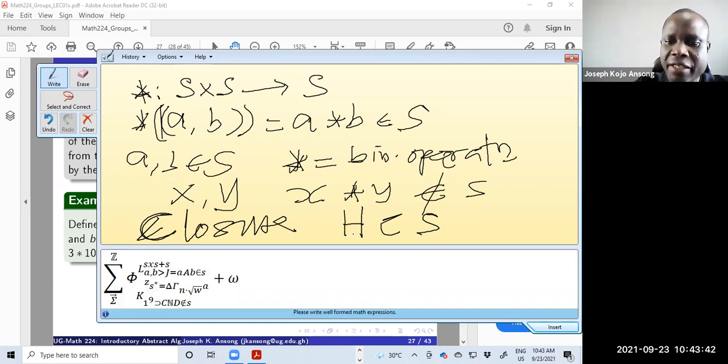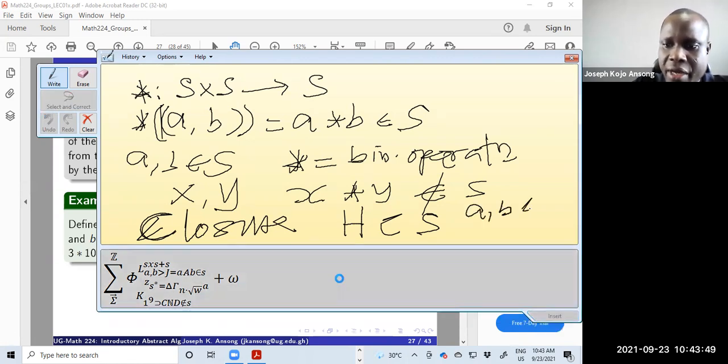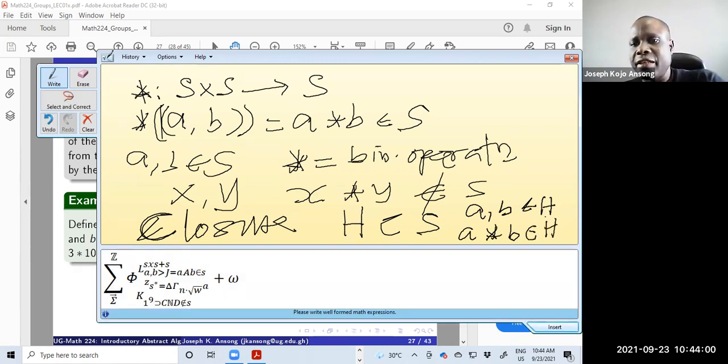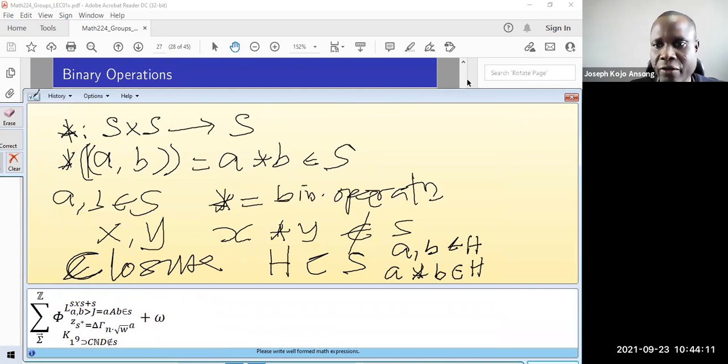What it means is that if I take any two elements A and B in the subset H, and I do A star B, and the result I get is still in H, then I can say that H is closed under the operation star. So that's what we've looked at so far, and of course, some examples of these concepts.